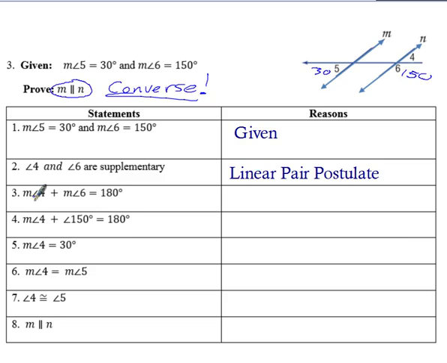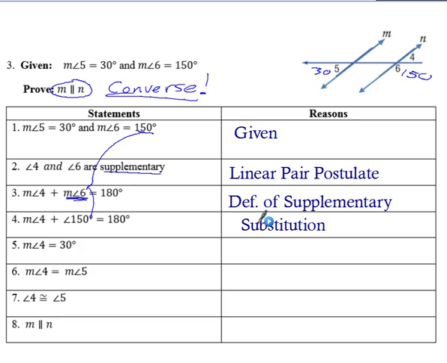So now why can I say that the measure of angle 4 plus the measure of angle 6 equals 180? That's the definition of supplementary. So anytime you see a vocab word like this, there's typically going to be a definition somewhere. So okay, these two things equal 180, so now what happened? Well, angle 6 got replaced with 150 right here.